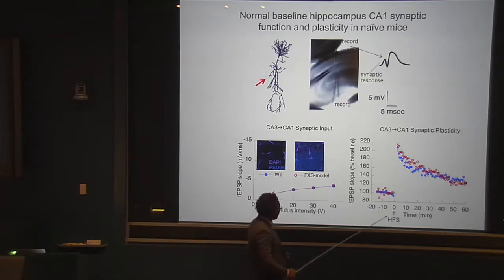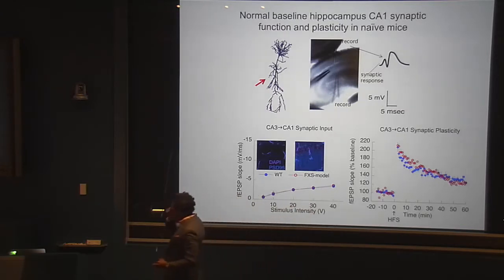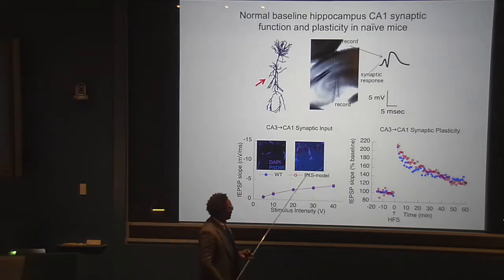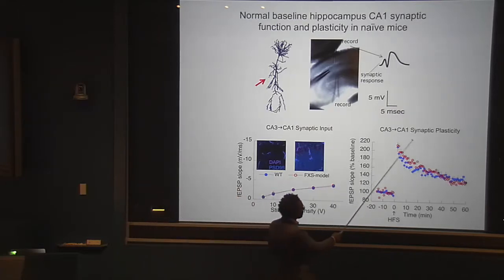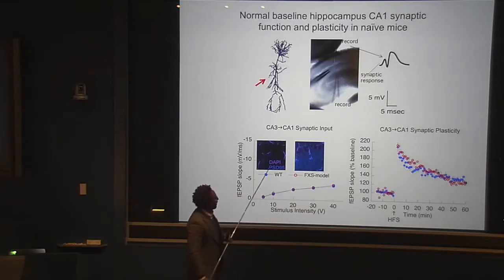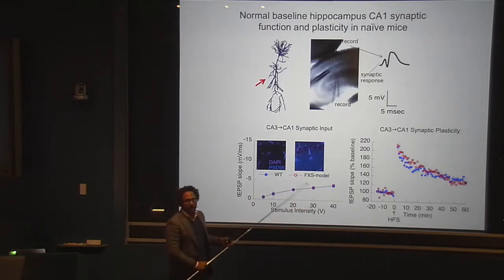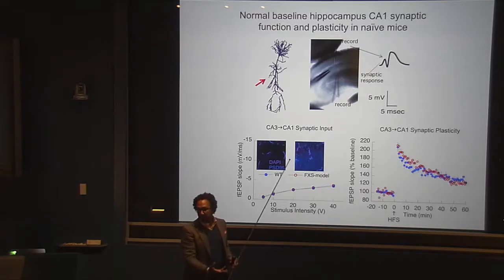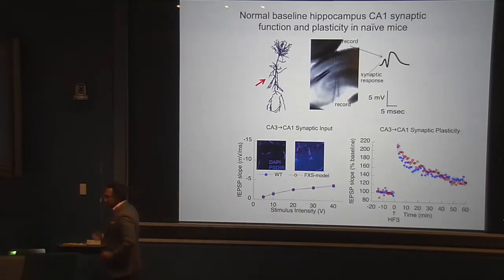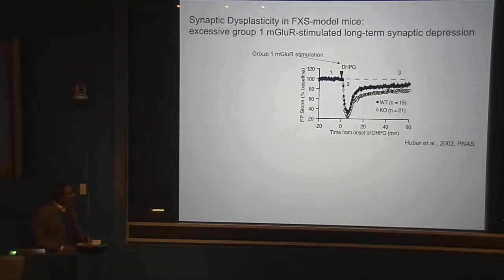Similarly, if you cause this input to change with high-frequency stimulation, a popular way in the laboratory to mimic a massive amount of activity and measure how easy it is to change synapses, they're pretty normal at this synapse. Importantly, I want to point out these animals are naive. They're just taken from their home cage, as these studies are typically done. I'll show you how misleading that can be in a few slides.